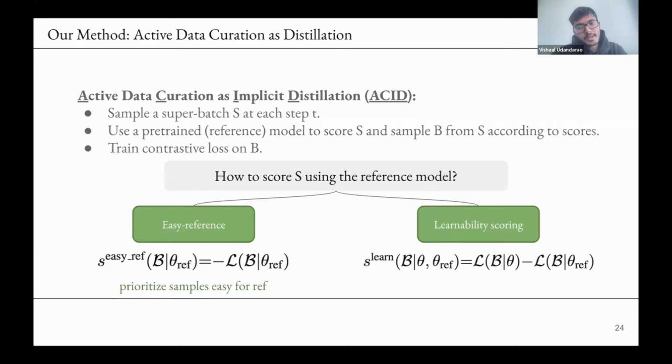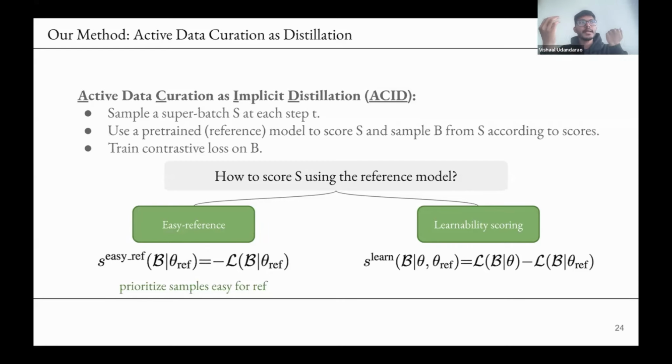The second way of scoring is called learnability scoring. In learnability scoring, instead of only relying on the teacher's predictions of how easy or difficult a sample is, we also give the current student model a chance to do the scoring. Remember, at each step you are training only the student, so the student is also getting better and better across steps.